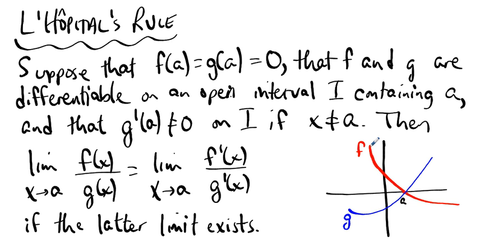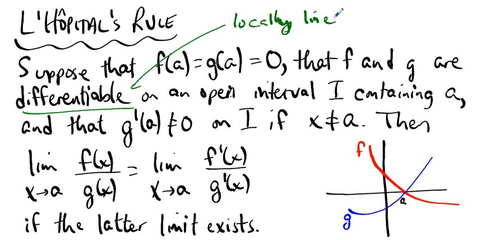And it's awfully hard to figure unless you remember that these functions are differentiable. And differentiable functions are locally linear. They are smooth functions. And since they are smooth functions, right around here, the tangent line does the job. Right around here, the tangent line does the job.